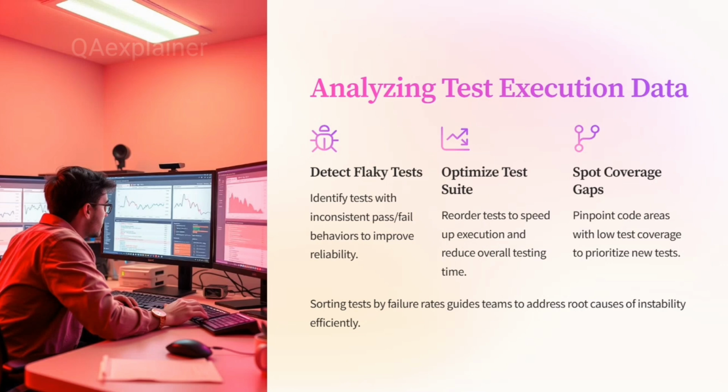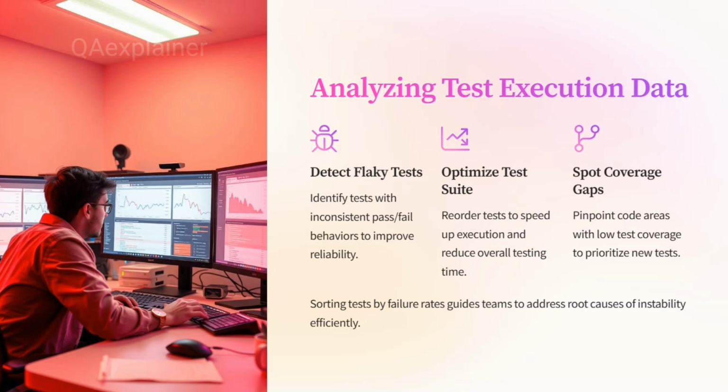Another is optimizing the test suite. We can reorder the test execution, so it speeds up the execution, reduces the overall testing time, and also reduces the testing effort. Another is spotting coverage gaps. We need to pinpoint the code areas and go to the prioritized items first. For high-priority items we need to put the highest test coverage, and for low-priority items we put low test coverage.